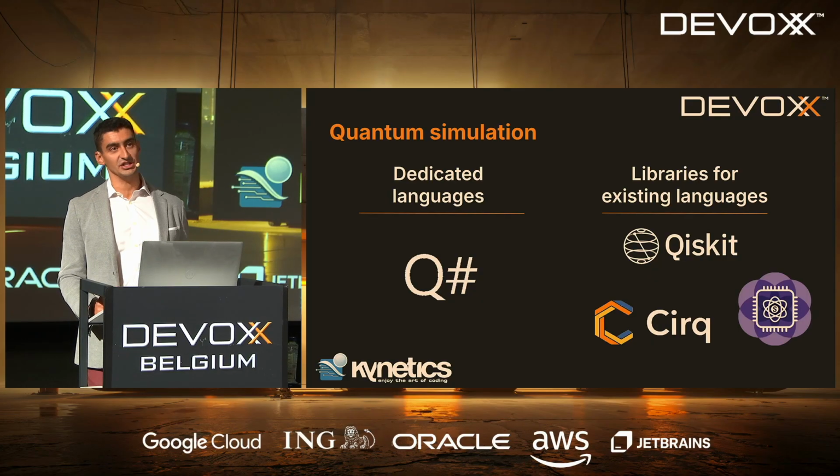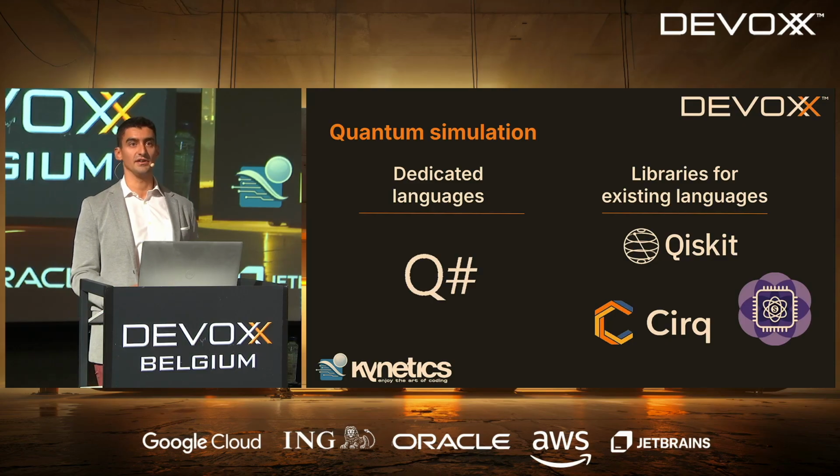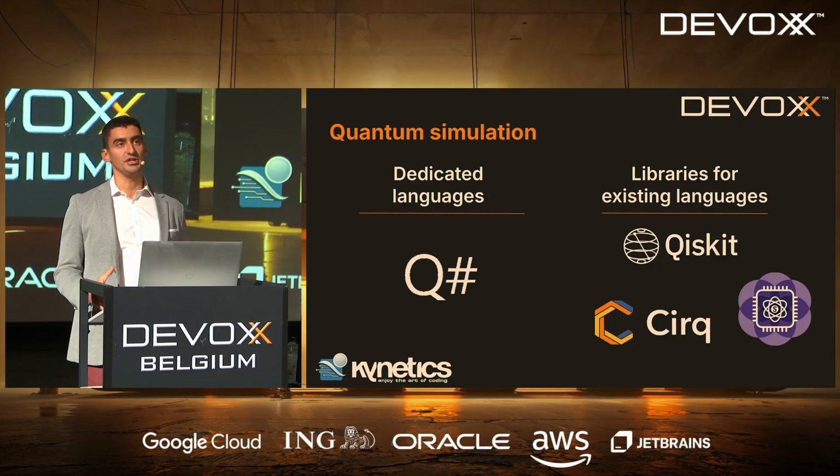Now, in this presentation, we're going to see two main categories of simulators. The first one is languages that are dedicated to quantum computing. So we can write programs, manipulate qubits using a dedicated syntax that makes it easier. Q# from Microsoft is an example.